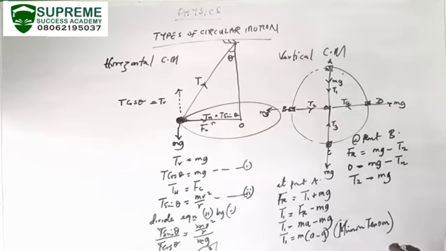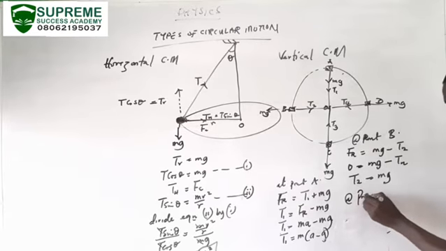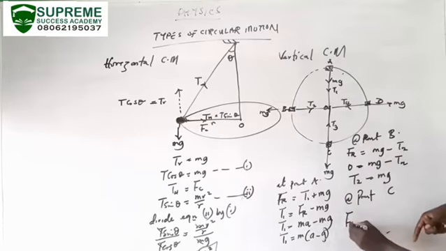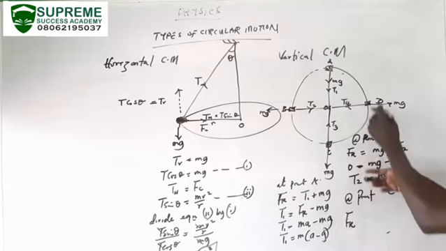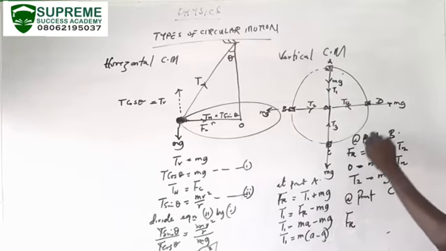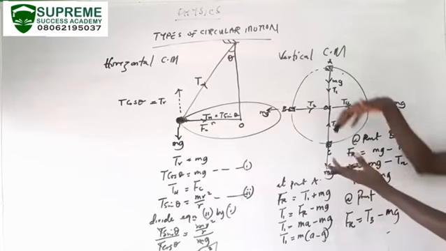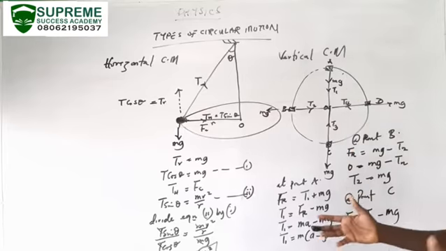Then at point C, what is happening here? You can see that your resultant force is going to be T3 minus Mg. Why? Because they are moving in opposite directions.